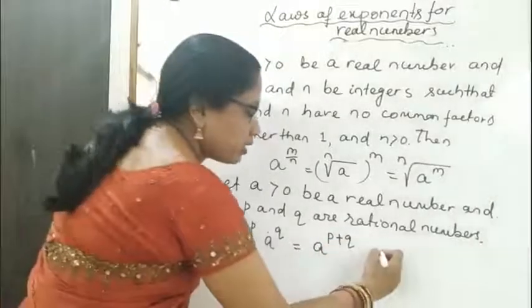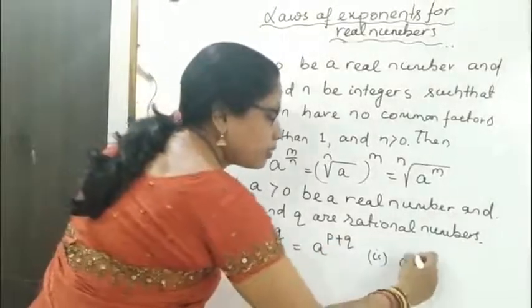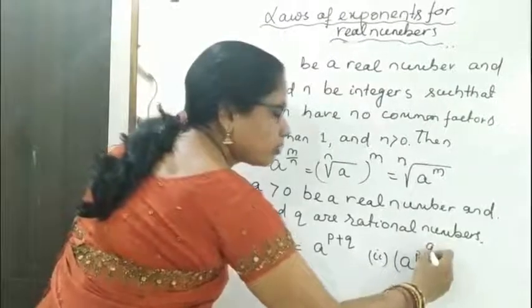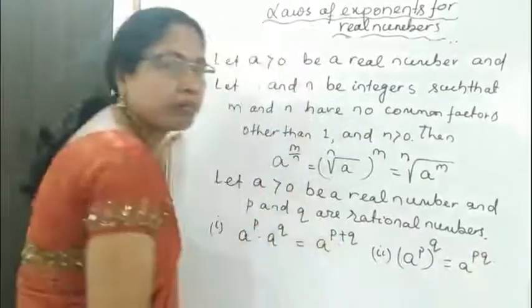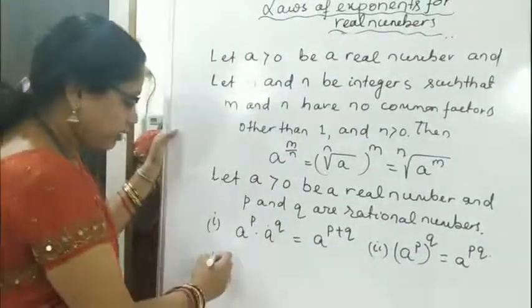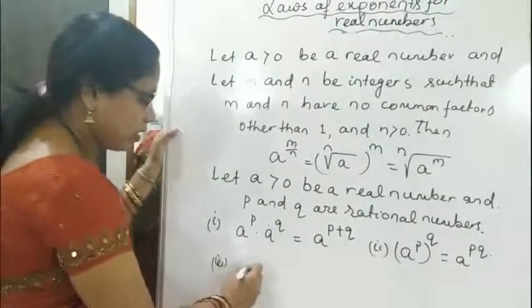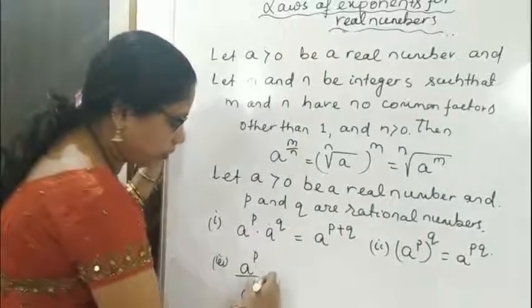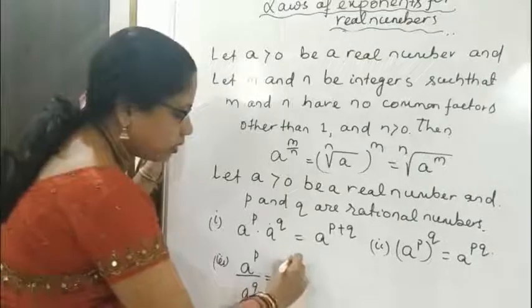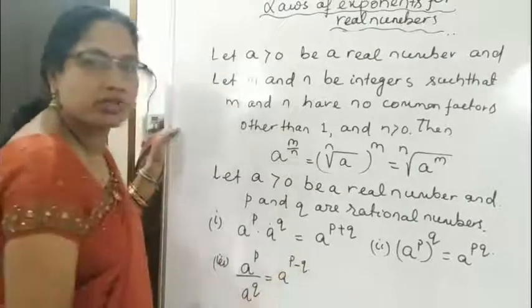Second, a to the power p, whole to the power q, is equal to a to the power pq. Third, a to the power p divided by a to the power q is equal to a to the power p minus q.